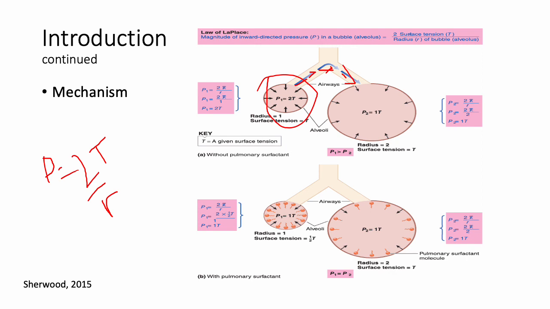In smaller alveoli, a surfactant-induced lower surface tension offsets the effect of their smaller radius in determining the inward directed pressure, meaning that surfactant causes the collapsing pressure to be comparable between both small and large alveoli, and it also reduces the small alveoli's tendency to collapse and dump its contents into the larger alveoli. All in all, this means that surfactant aids in stabilizing the size of alveoli, keeping them open, and making them available for gas exchange.